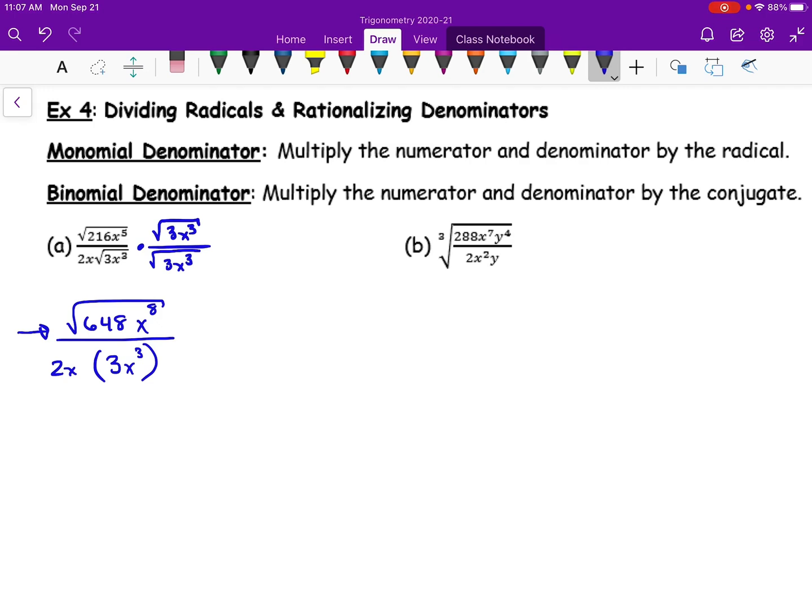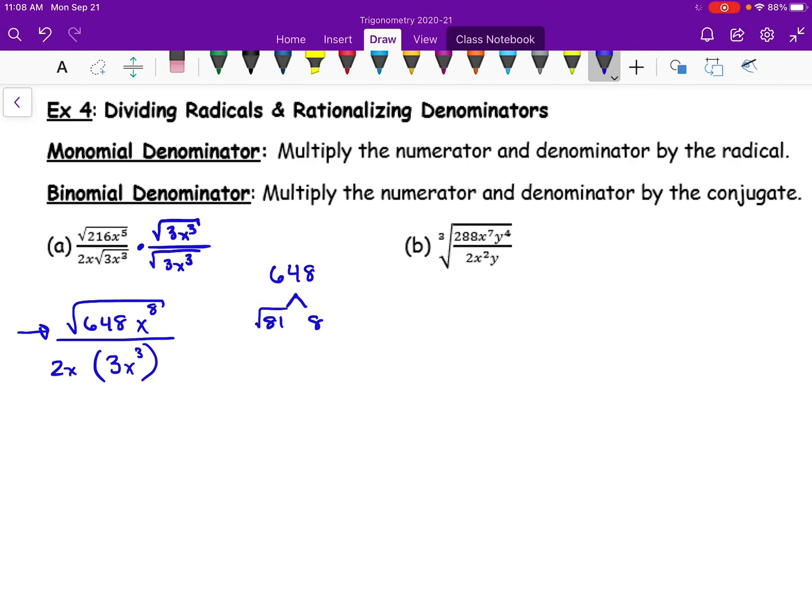Okay, so time to simplify. On top I have 648. Let's see if I can break this down at all. Go back to my perfect squares. I'm trying 81, and this gives me 81 and 8.